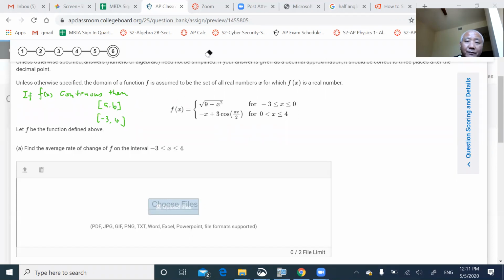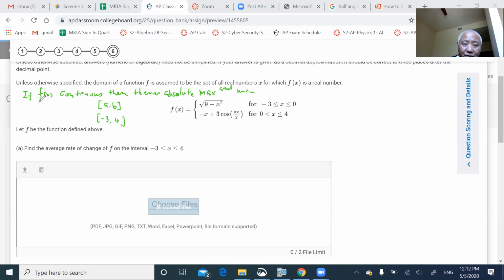Then there is an absolute maximum and also an absolute minimum, and it's not an or. That's the theorem.